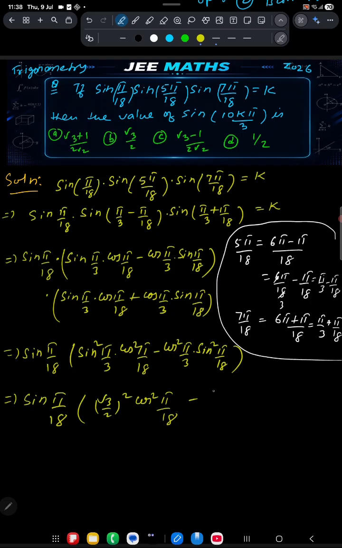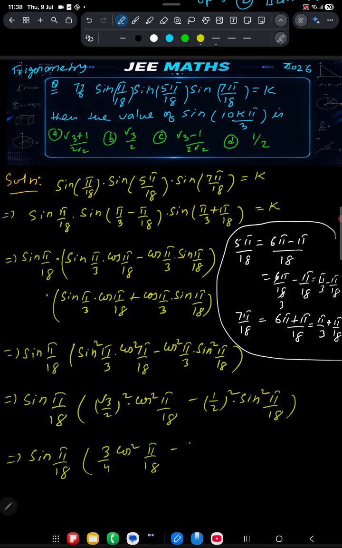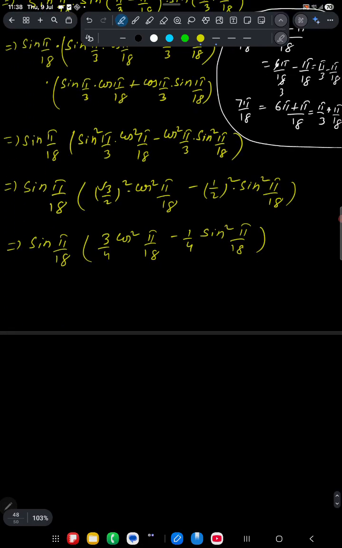And cos square pi by 3 is cos 60, means 1 by 2 square, into sine square pi by 18. This will imply sine of pi by 18 and 3 by 4 cos square pi by 18 minus 1 by 4 sine square pi by 18.